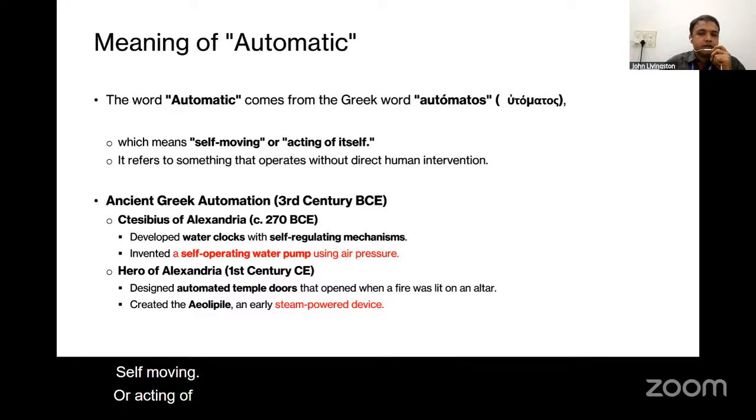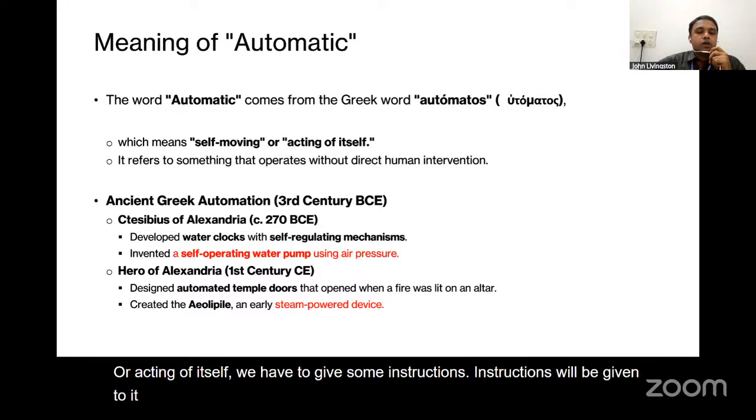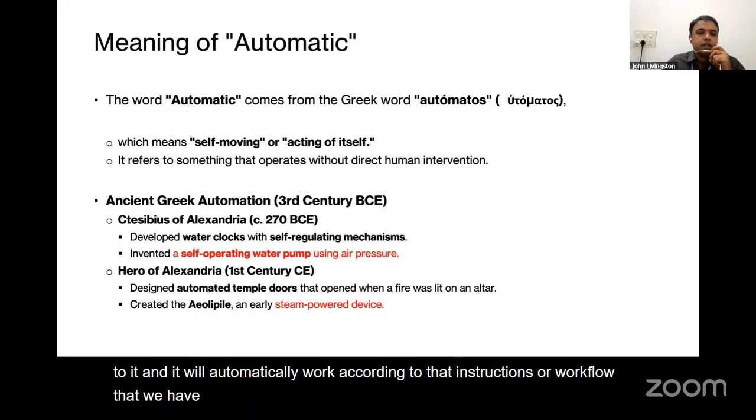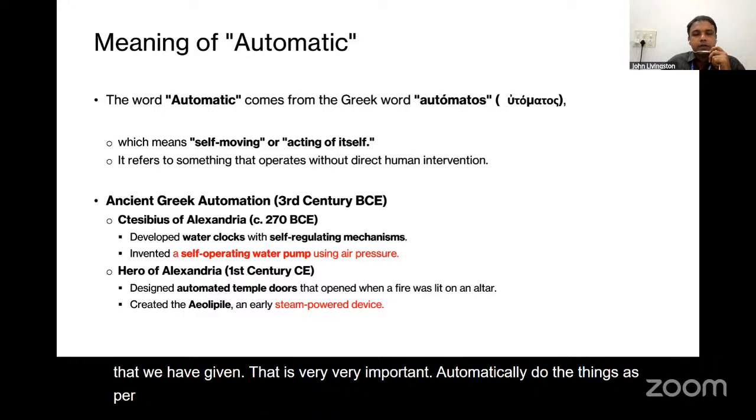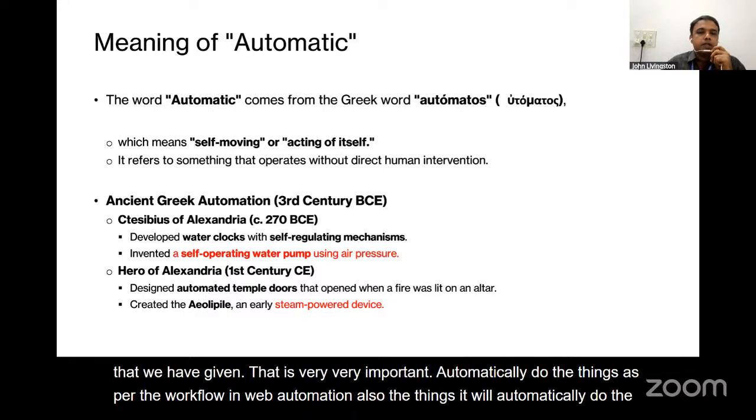We have to give some instructions. Instructions will be given to it and it will automatically work according to those instructions or the workflow that we have given. That is very important. It automatically does things as per the workflow. In web automation also, it will automatically do the things as per the workflow.